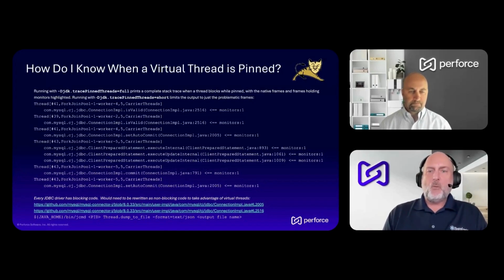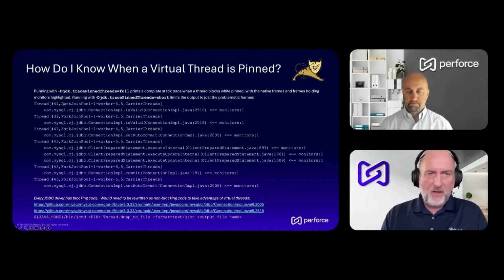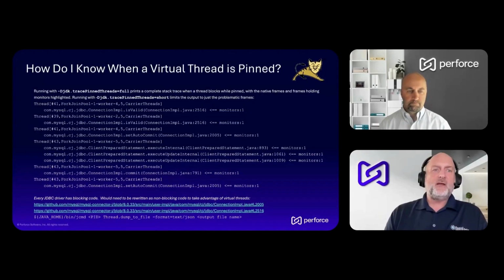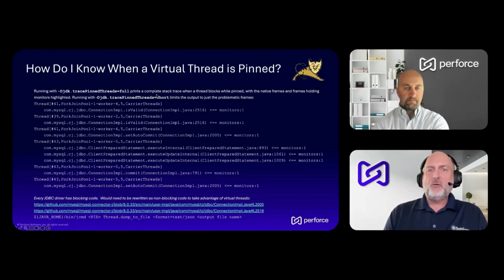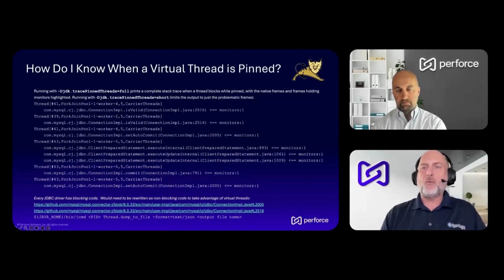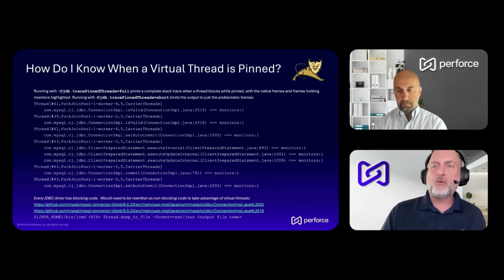And one of the things that they've added for troubleshooting with JDK 21 is, in Tomcat's setenv.sh on Linux or setenv.bat on Windows, you can add this parameter up here called -Djdk.tracePinnedThreads=full. That's going to give you a complete stack trace of any thread blocks where it's pinned, where you're in synchronized blocks, or within native frames such as JNI code, or frames holding monitors.